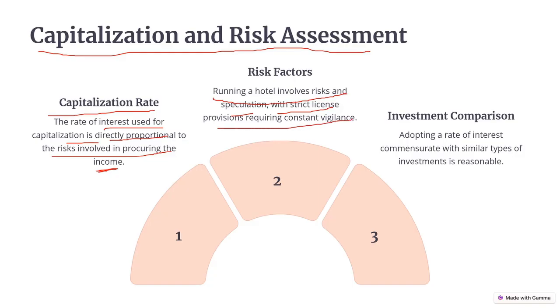So how can you calculate the capitalization rate in this case? You can adopt a rate of interest commensurate with similar types of investment. So you can assume the rate considering similar type of investment, and you can do certain adjustment in that to make it suitable for a particular case.